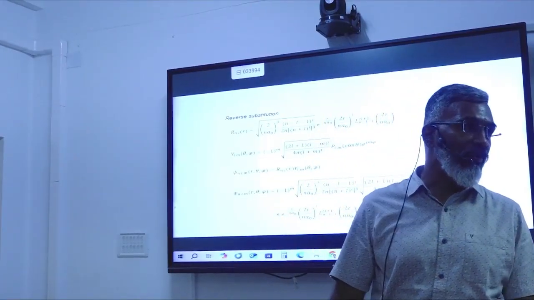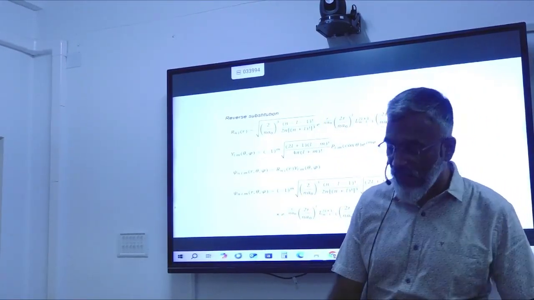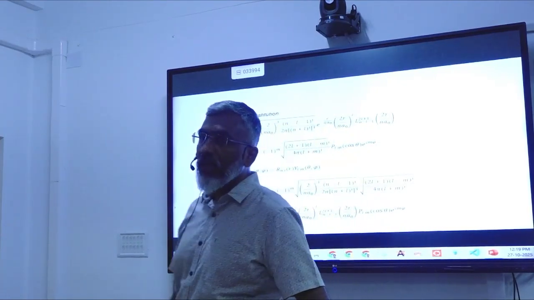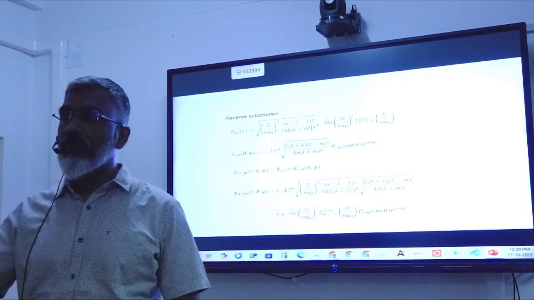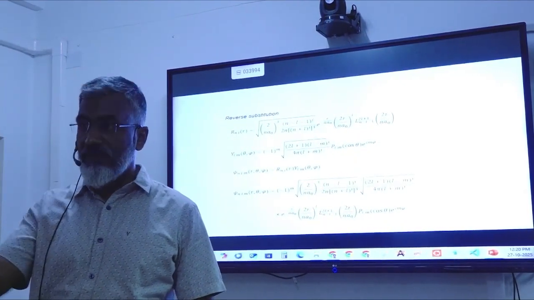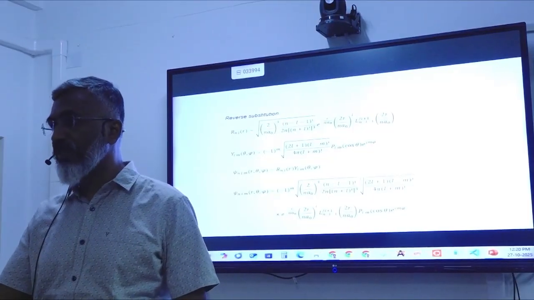Similarly, you can't define what is the spin of an electron. It is not spin, it's an angular momentum. So how do you come to that value, the half? You say the spin angular momentum is half.